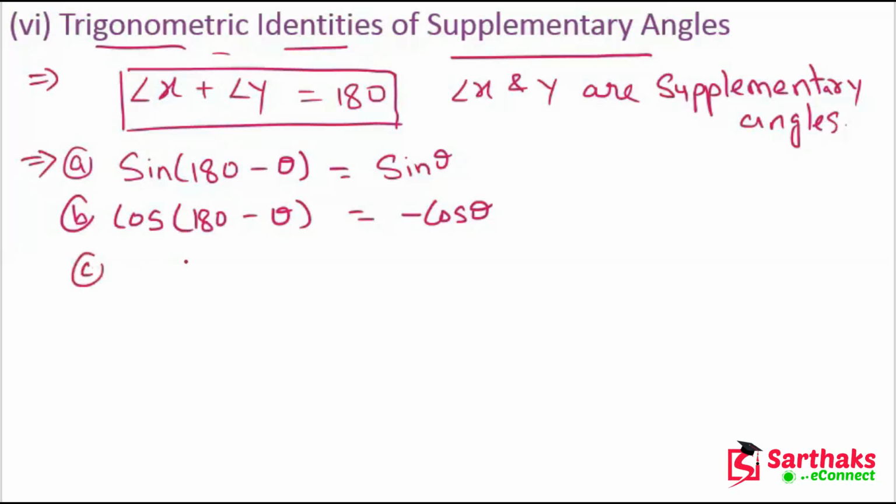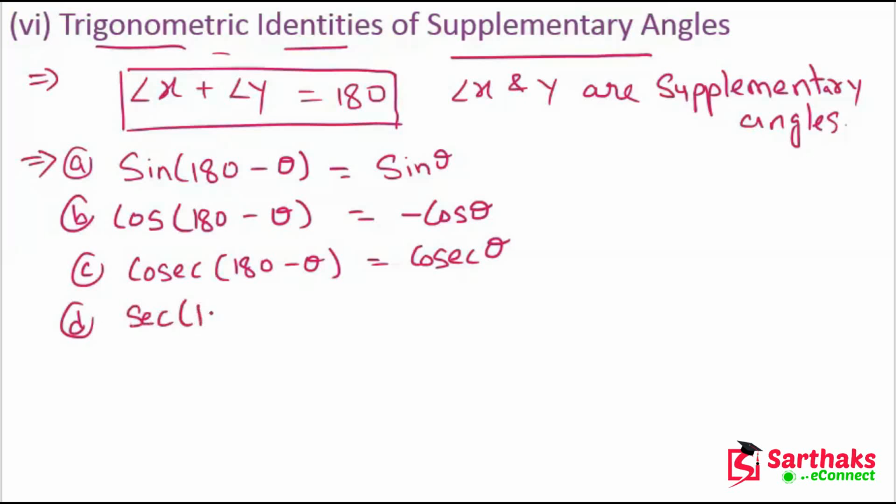Now C is cosec 180 minus theta, so this is the same as cosec theta. Part D is sec 180 minus theta, which is equal to minus sec theta.